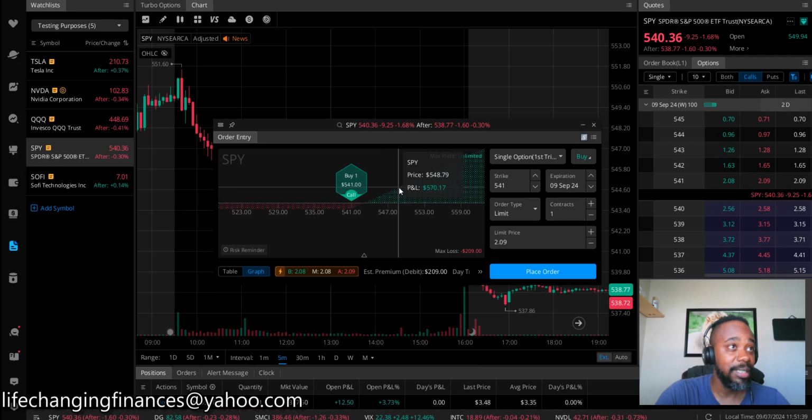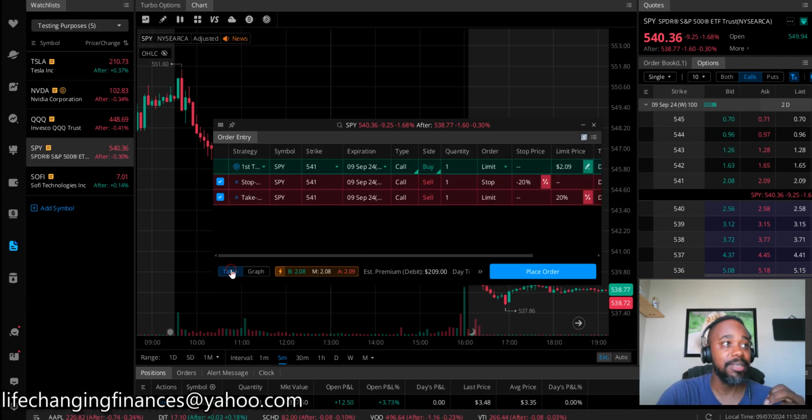So if it goes to $547, guess what? On this particular option contract, you're going to get $411. And this is one of the reasons why I like this because it shows you kind of what to expect here. Now, if it goes to the downside, you can see your maximum loss could be $209. But see, this is why we set this up here to where if it did go down that far, you wouldn't lose all your money, right? So this is something you guys should know.